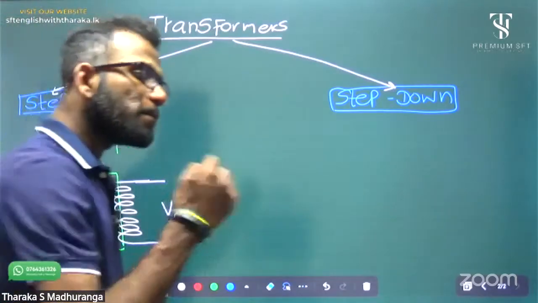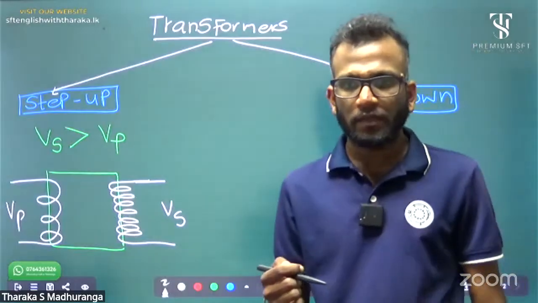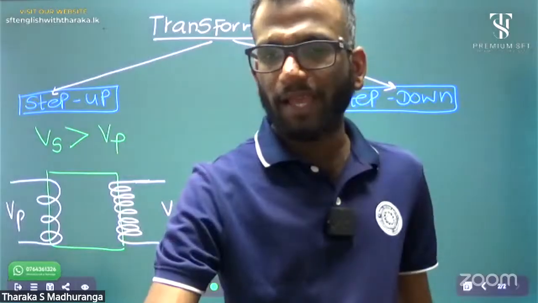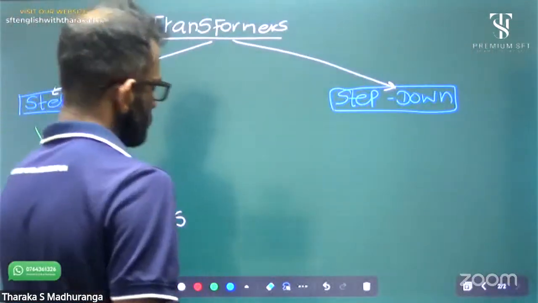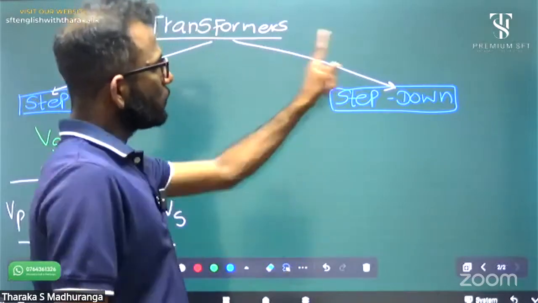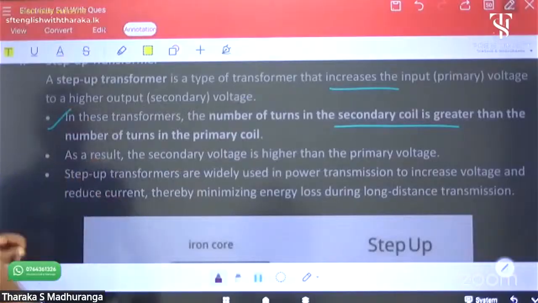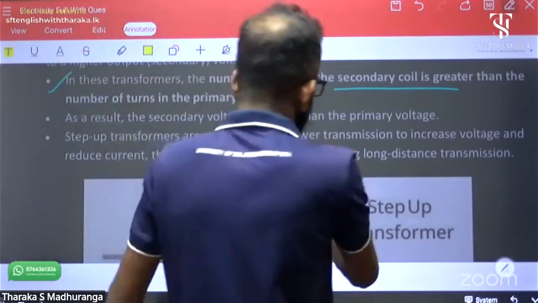That's a step up transformer. The number of turns in the secondary coil is greater than the primary coil. As we saw, the secondary voltage is higher than the primary voltage. Step up transformers are widely used in power transmission.